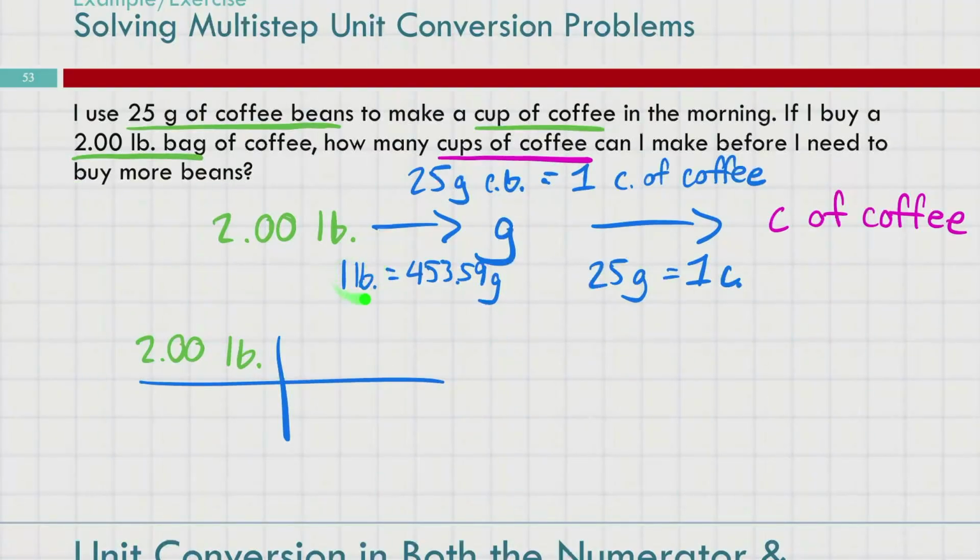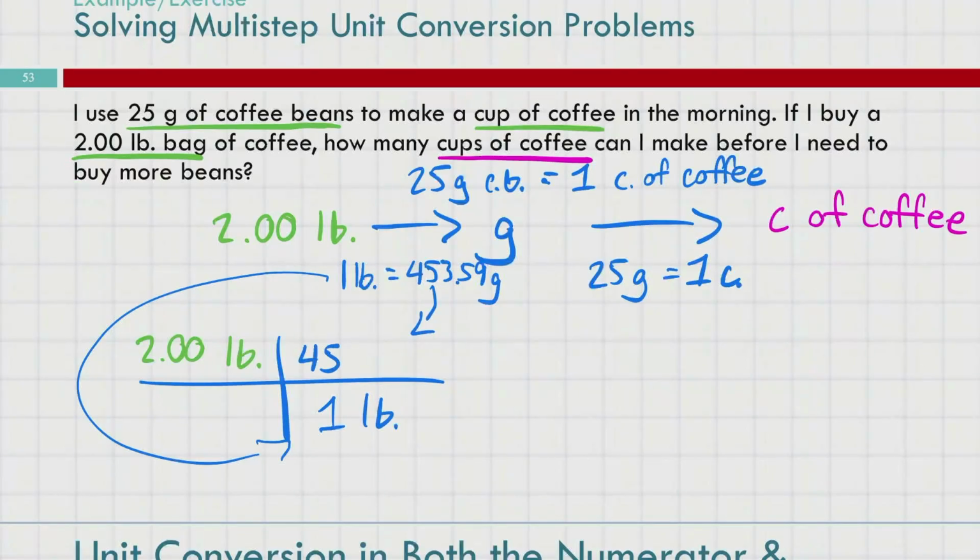We're going to put the 1 pound part of our conversion factor down here on the bottom. We're going to put the grams part up top. That's what we're converting to. It's the unit that we want. And this gets our pounds to cancel.